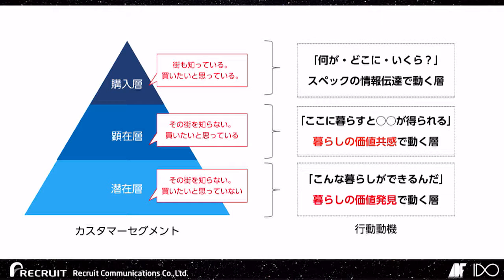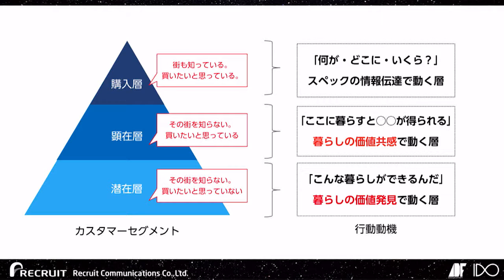And there are different layers in how they behave. As a result, there are people who want to buy, and there are some people who are thinking of buying them. And the definitions of motivation can be different.